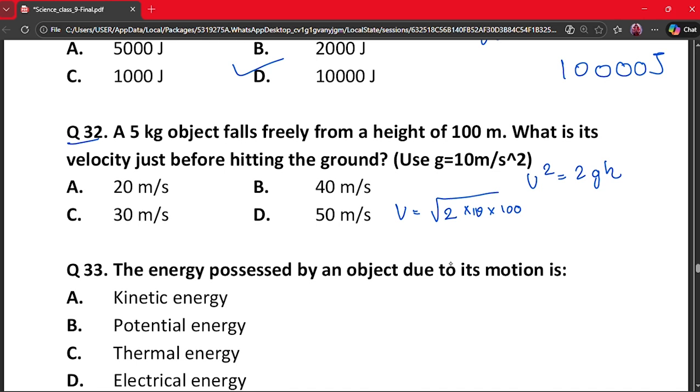So this will be equal to under root 2000, which is approximately 44.7. So here the closest answer to this is 40 meter per second approx. So our correct answer is 40 meter per second.